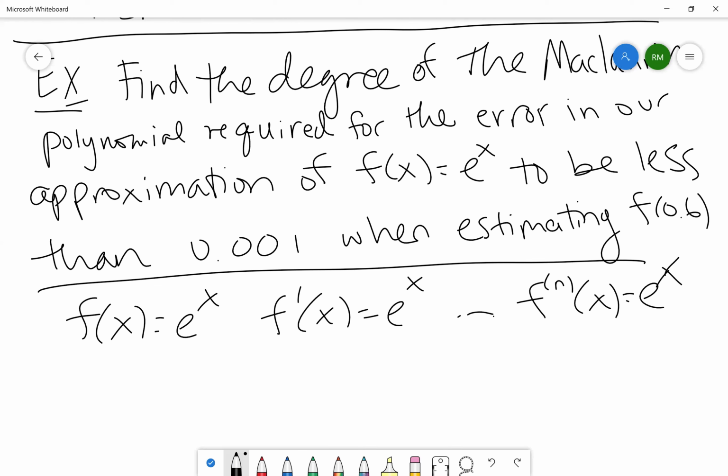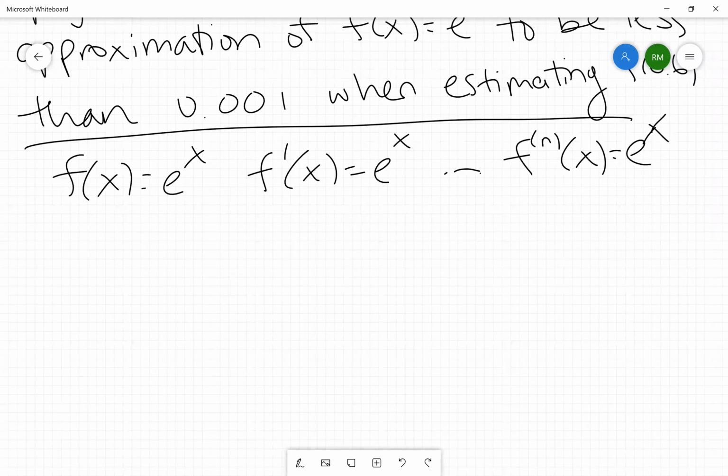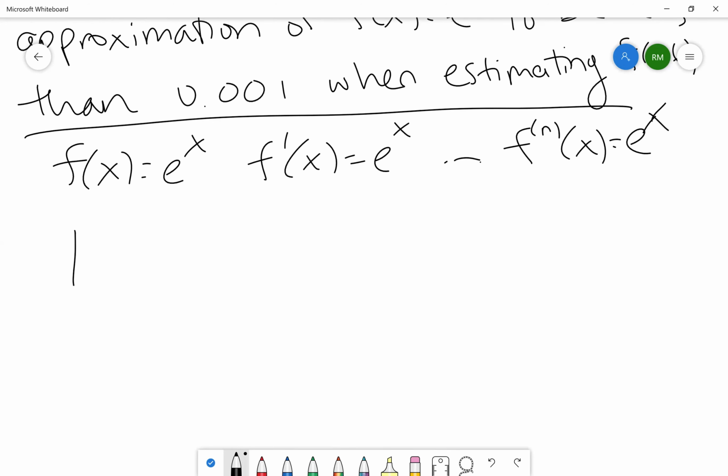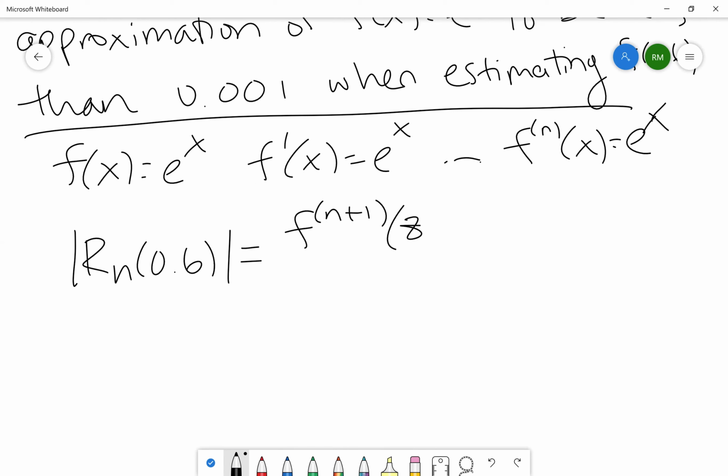So what it tells us is that our error is equal to the n plus first derivative times x minus c to the n plus 1.